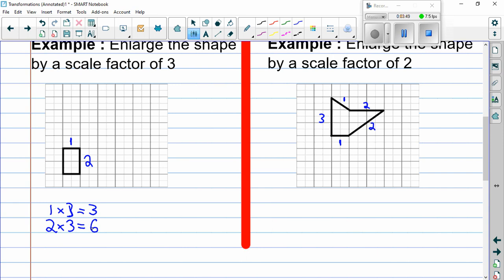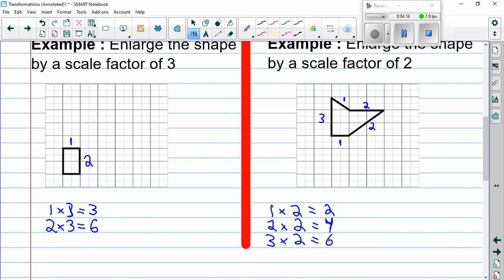And then for our measurements over here, we have a scale factor of 2, so anything with a 1 will be 1 times 2, so it'll be 2. Anything with a 2 will be 2 times 2, which is 4. And lastly, the 3 we have on that side will be 3 times 2, so it's going to be 6.